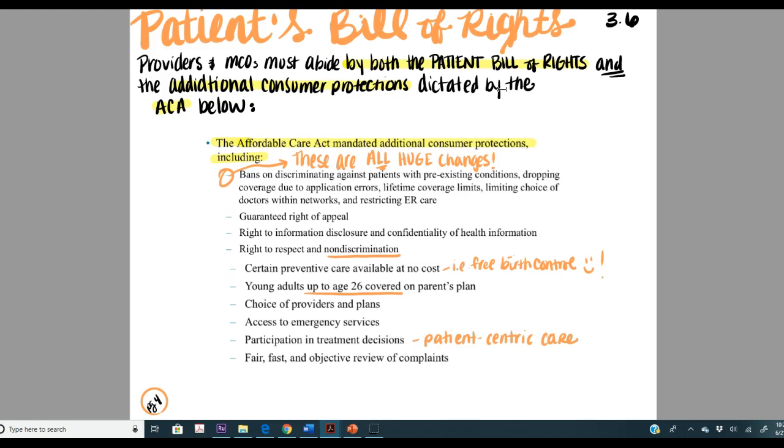It used to be, back in the day before these ACA consumer protections came about, people would have their insurance coverage dropped for the dumbest stuff. If they had the tiniest little application error on their healthcare application, like when they were applying to take out health insurance, they would have their application dropped, or they would just not get health insurance, and they wouldn't be able to take out health insurance again until the next open enrollment period.